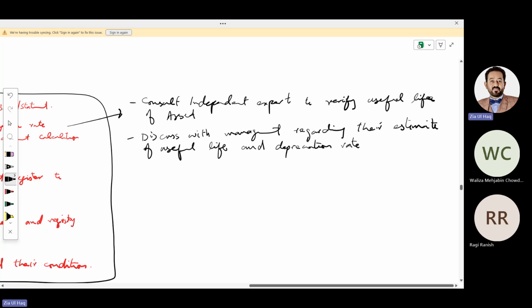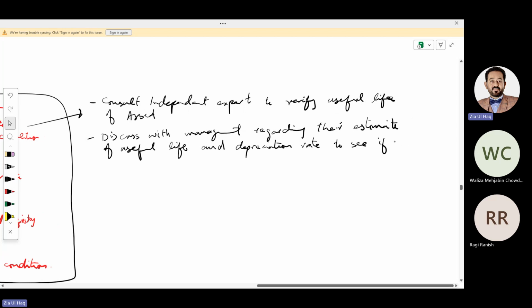Why are you depreciating at this rate? Why are you assuming this life, to see if it is reasonable? Whether their discussion is on reasonable ground or they are just making guesses. If it is reasonable, that's fine. What else?